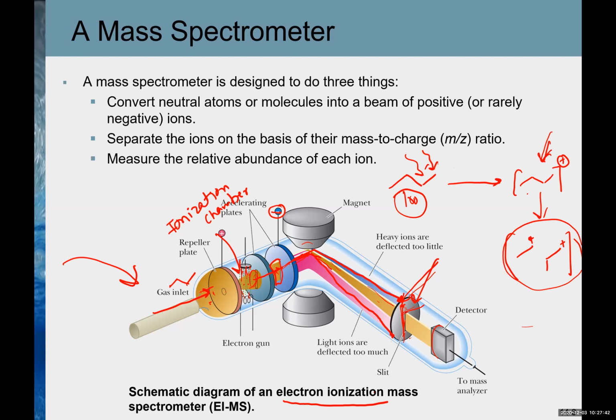That's why it's called electron ionization mass spectrum. This kind of technique is what we call a crude technique. A crude technique is one in which the ionization is not selective. We are just bombarding with a fast electron, and it doesn't distinguish.